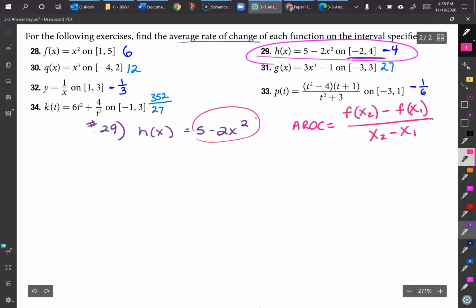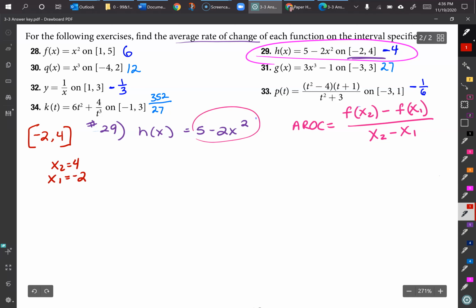So I can write that all out in one thing together. My endpoints are -2 and 4. So my x sub 2 is equal to 4, and my x sub 1 is equal to -2.